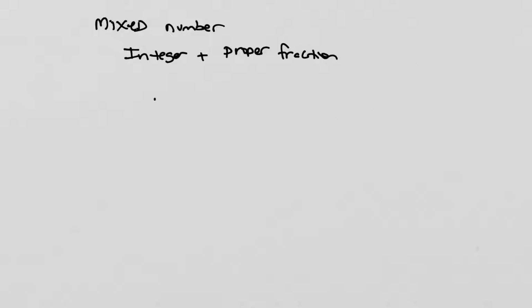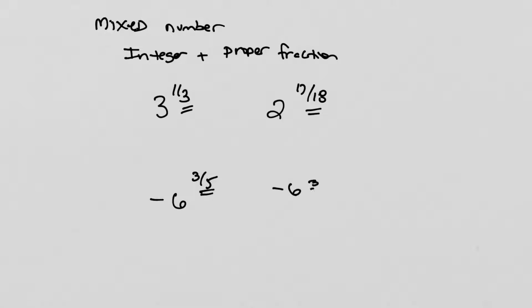These things look like 3 1/3, or maybe 2 and 17/18, or maybe -6 and 3/5. Now, when you read these, be careful. This isn't an exponent. This is just another number. So we should probably write it as -6 with the 3/5 right next to it, and it's assumed that there's a plus in between there.